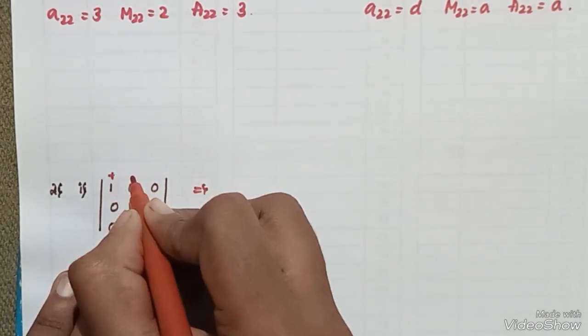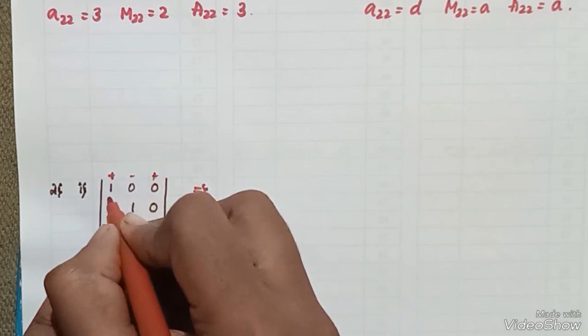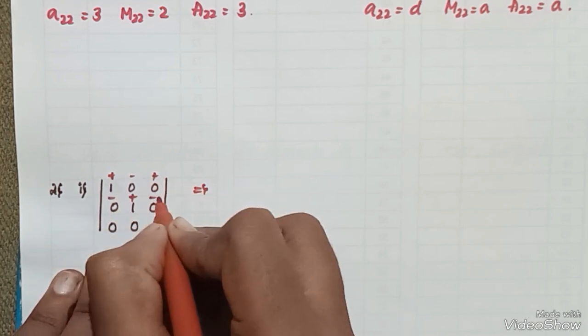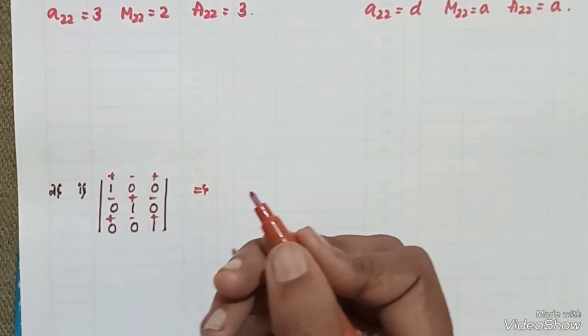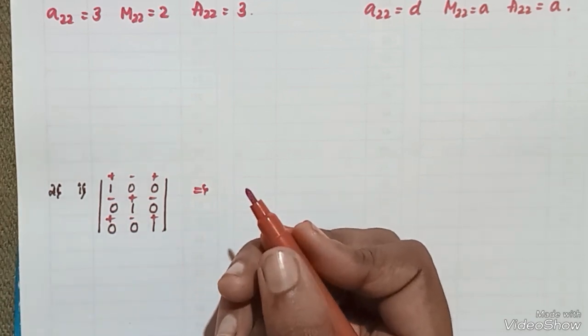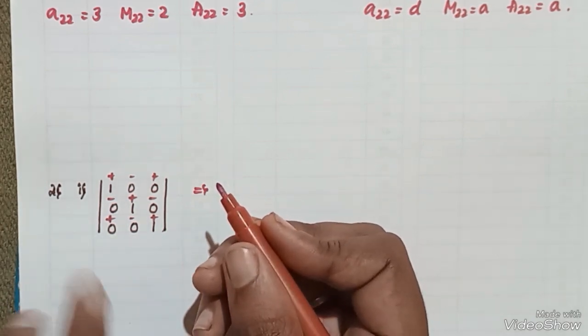First I wrote the signs plus, minus, plus, minus, plus, minus, plus, minus, plus. This is helpful for finding the cofactors.